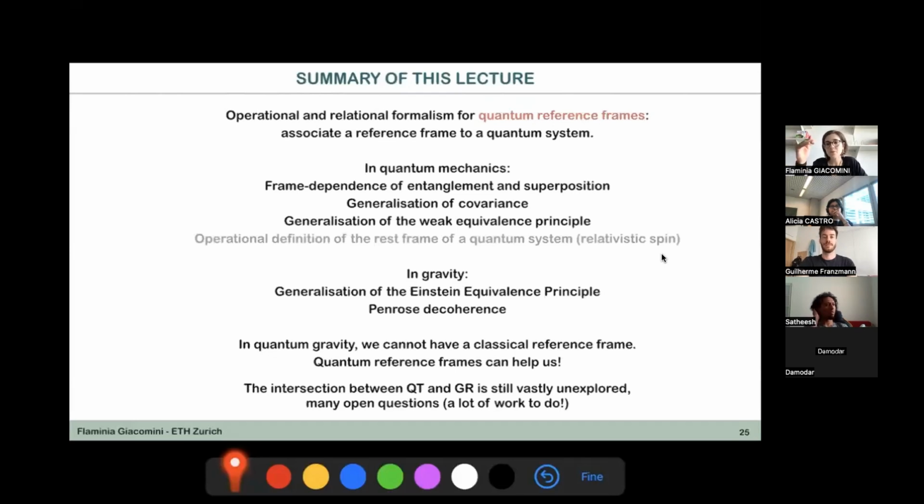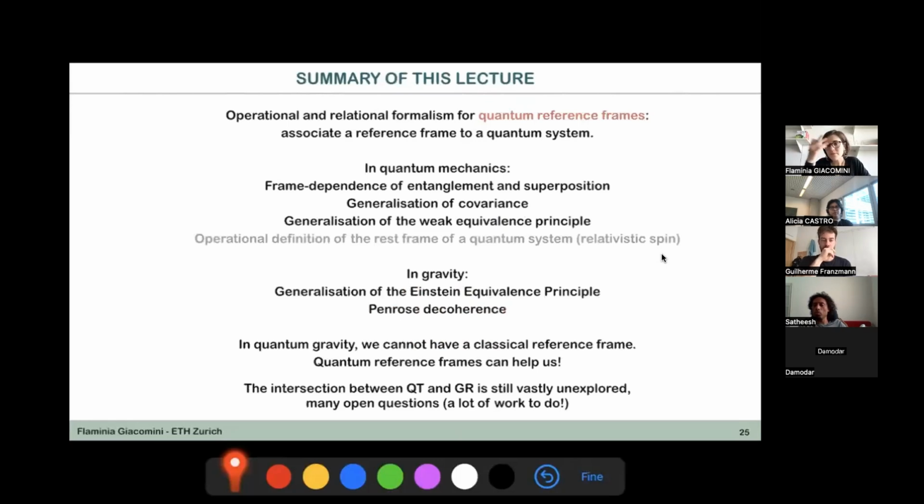In quantum mechanics, we have seen that this leads to a frame dependence of entanglement and superposition, to the generalization of the notion of covariance, and I didn't show you explicitly these 2 points, the generalization of the weak equivalence principle and an operational definition of a rest frame of a quantum system. I didn't cover that. In gravity, we have seen that this can generalize the Einstein equivalence principle and how this is related to Penrose decoherence.